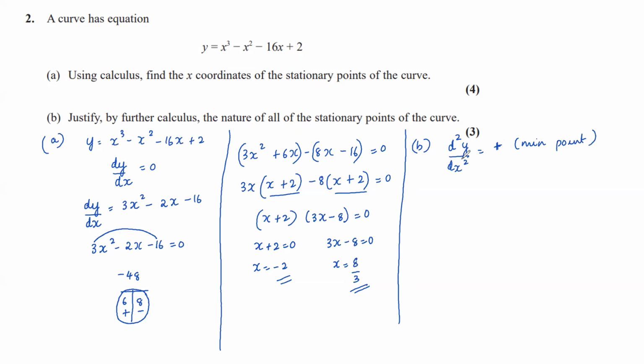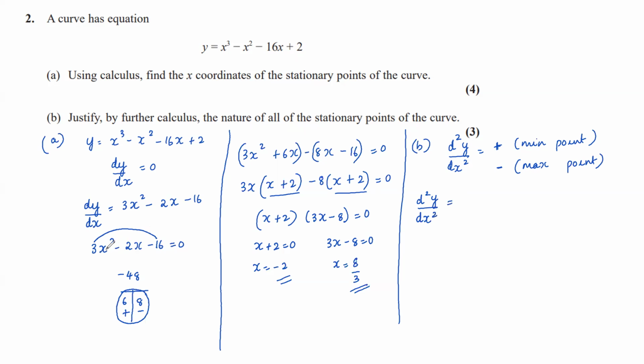If we get a negative answer, then it is a maximum point. We already have dy by dx, so we find the derivative once again.